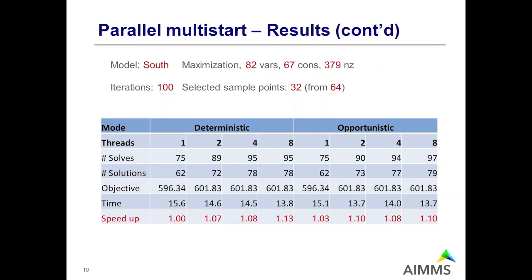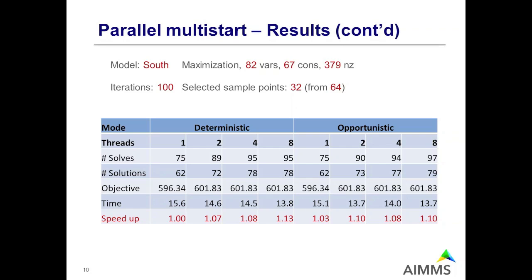Okay, another example. This is a very small example, and also very easy to solve. In this case, we use a lot of iterations and a lot of sample points, and again, only a fraction of them result in actual solves. But it's a small problem. Every problem is solved very fast, and in that case, you cannot expect the speed up. So if you have a problem that is solved very fast, then using multistart has no benefit.